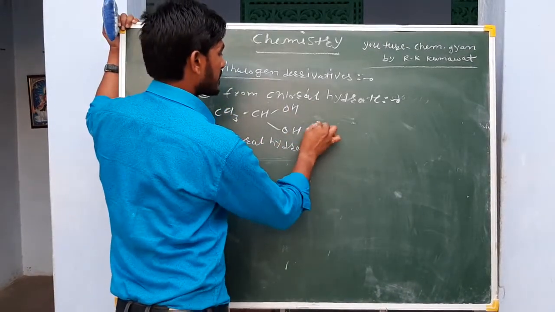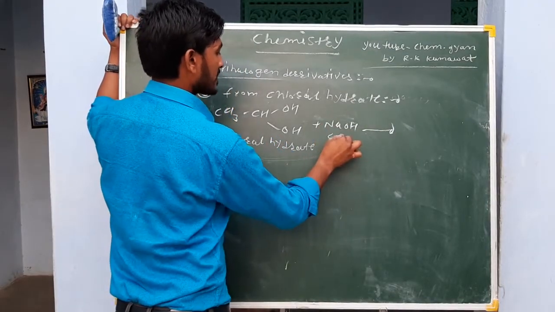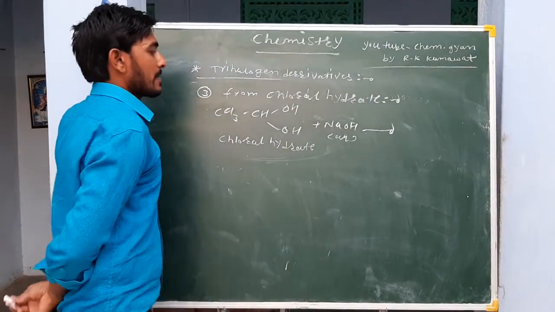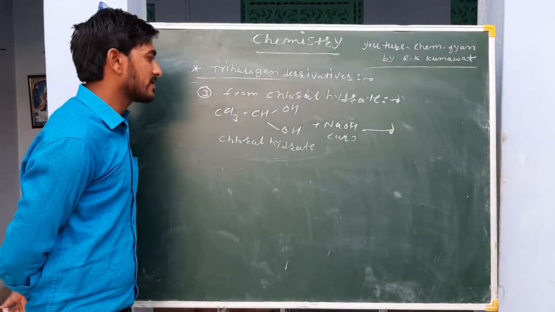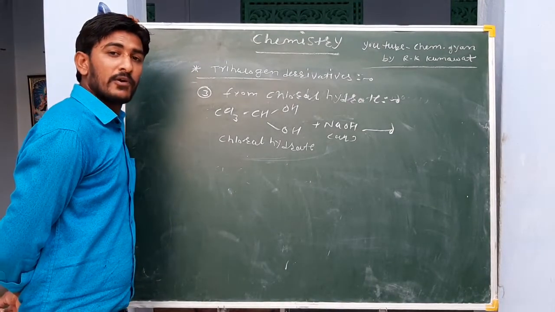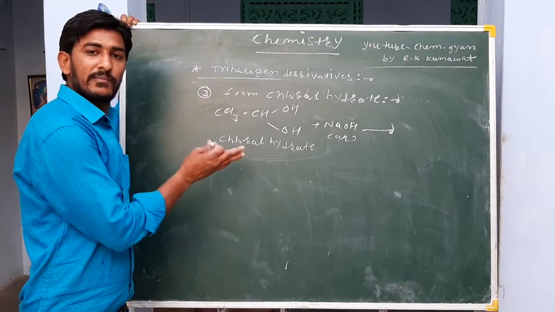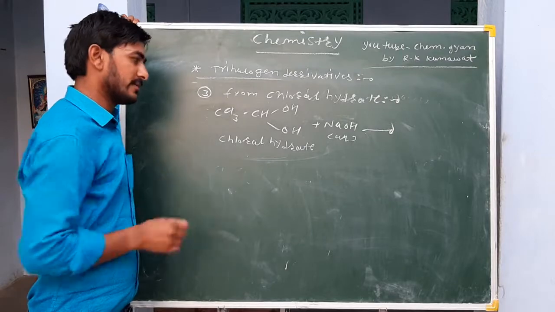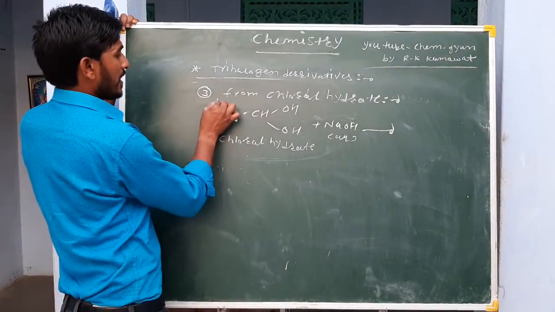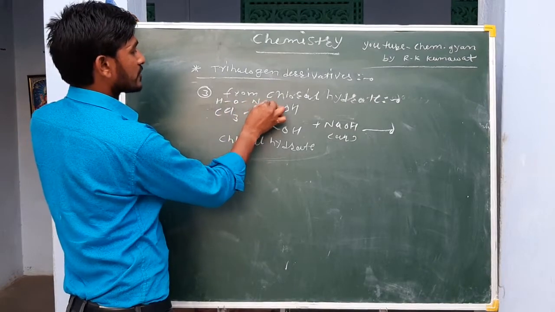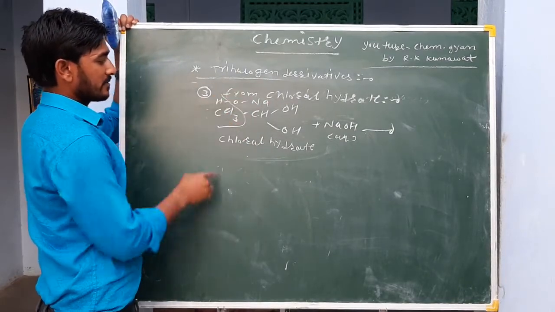React with aqueous NaOH. Chloral hydrate hydrolyzes with aqueous NaOH and chloroform is formed in this reaction. Chloroform is formed in pure form in this reaction. NaOH means sodium hydroxide. Bond dissociates in this way.